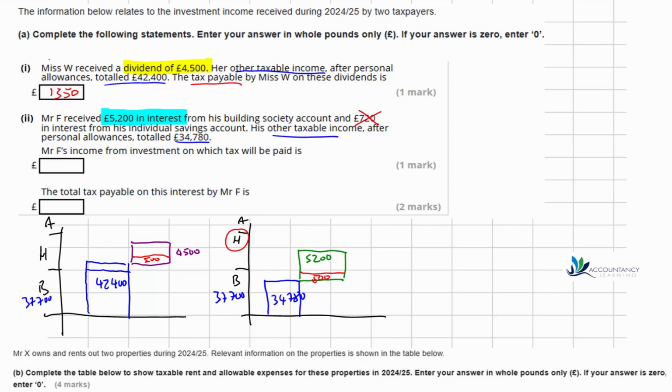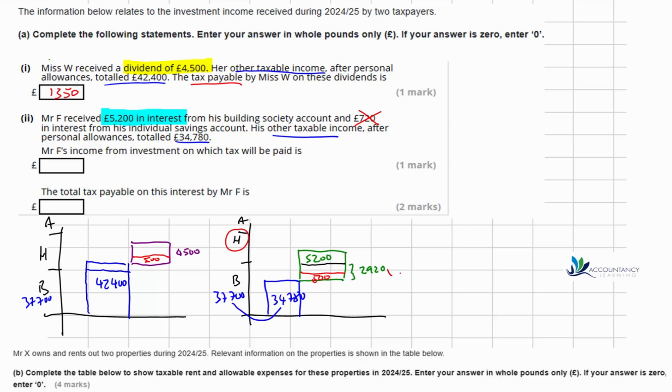I've not really drawn this to scale here, so I'm just going to move my threshold so that it can be a bit more obvious. Some of our interest income will still be in the basic rate band, and some of it will be in the higher rate band. If we compare these two numbers, the 37,700 and the 34,780, that tells us that there is a total in the basic rate band of 2,920.